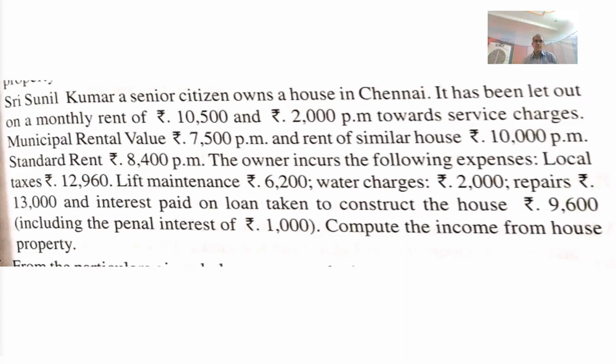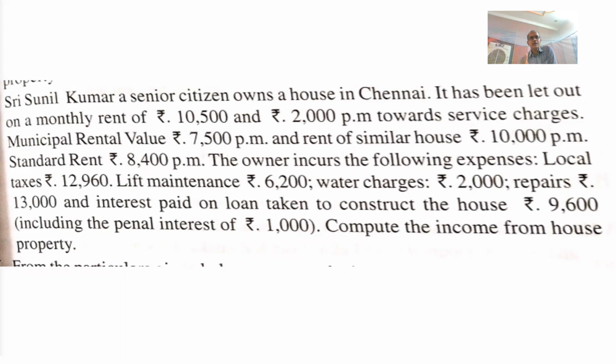The previous problem, did you understand totally? First, you have to find out GAV. In the entire problem, finding out GAV is the only difficult part. That's all. Gross annual value. From that, only paid municipal taxes you will deduct.